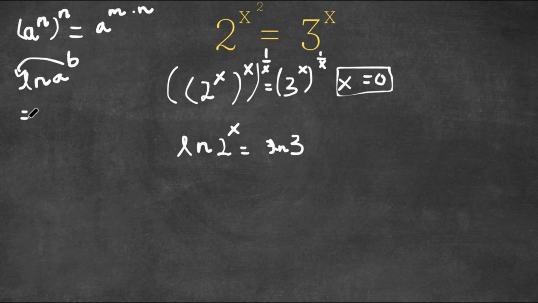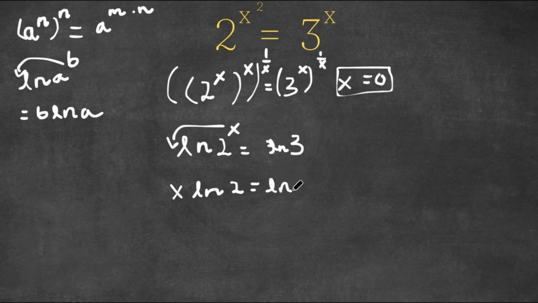So this would equal b times ln a. So in this case, we have ln 2 to the power of x, and we can think of x as b and 2 as a. So we can move this exponent x to the front of the logarithm. So this would be x times ln 2 is equal to ln 3.